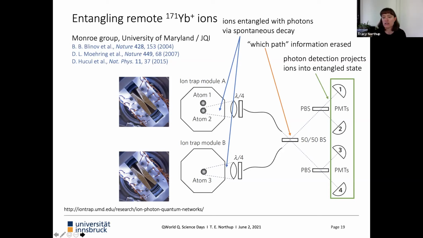So you're going to get two detection clicks at one of these photomultiplier tubes in the sketch, and that detection event projects the ions into an entangled state. Not every detection event, but certain detection events, because of this indistinguishability, because you've erased the information about which path the photon followed, prepare entanglement between the two ions.